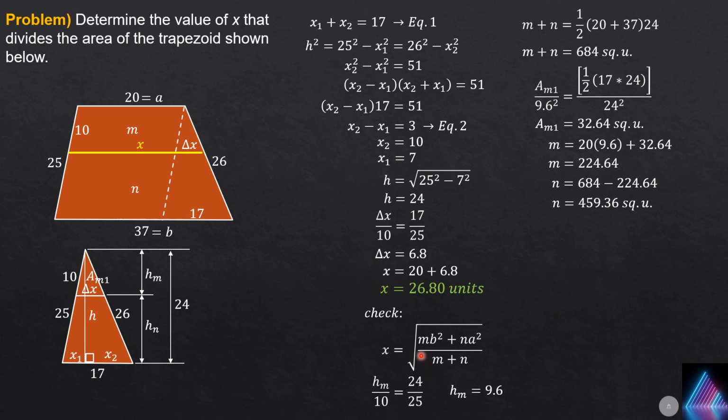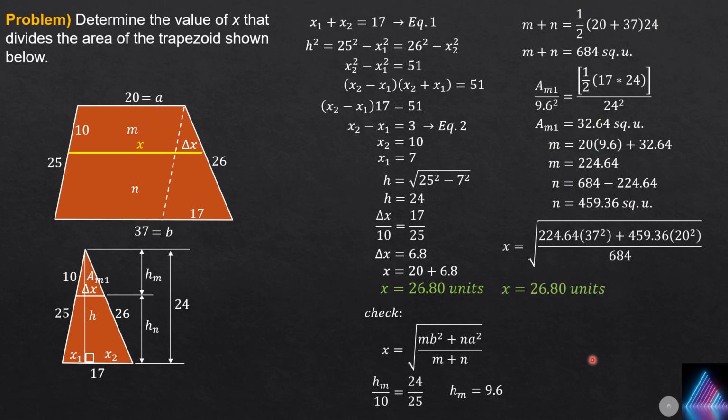We then substitute it into this formula for X. So X is square root of 224.64 times 37 square plus N 459.36 times A square, 20 square, over 684 total area. So solving for X, it is also equal to 26.80 units. So that's it for this video.